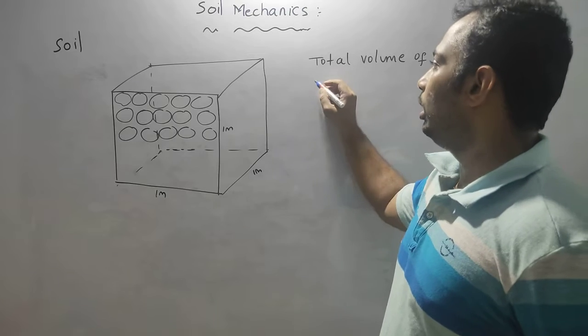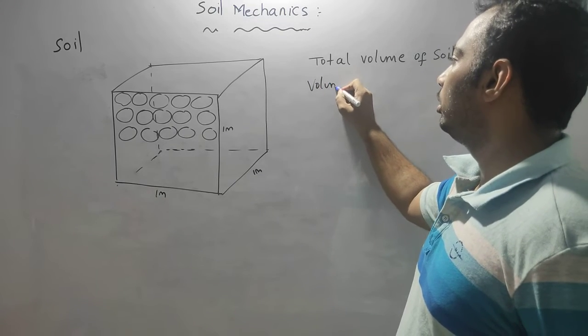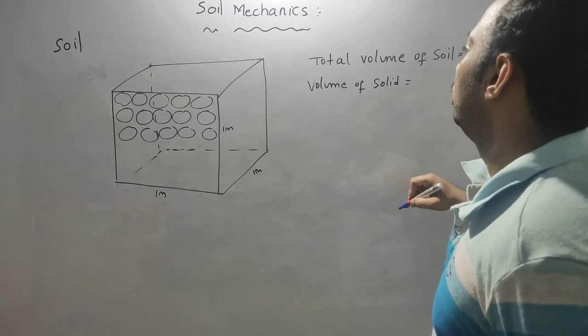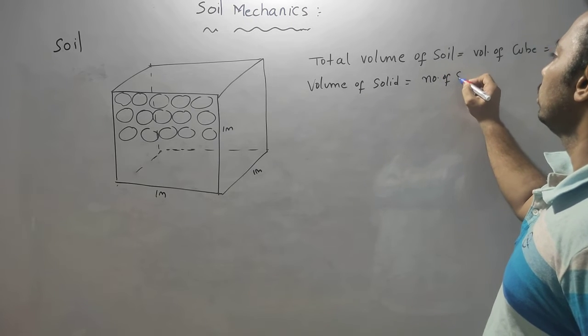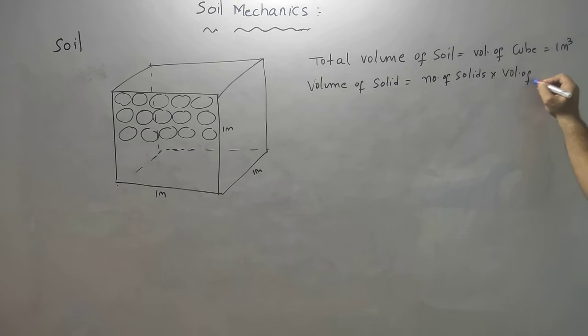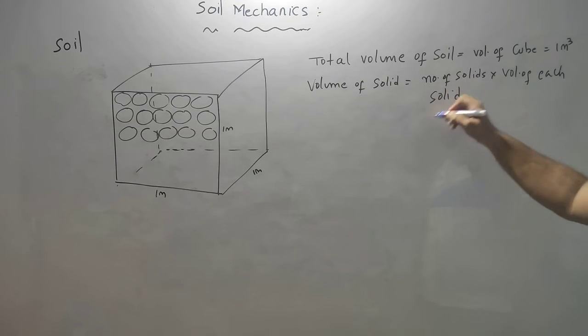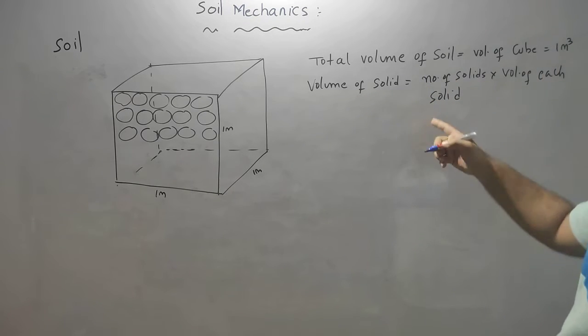Now, volume of solid is equal to number of solids into volume of each solid.